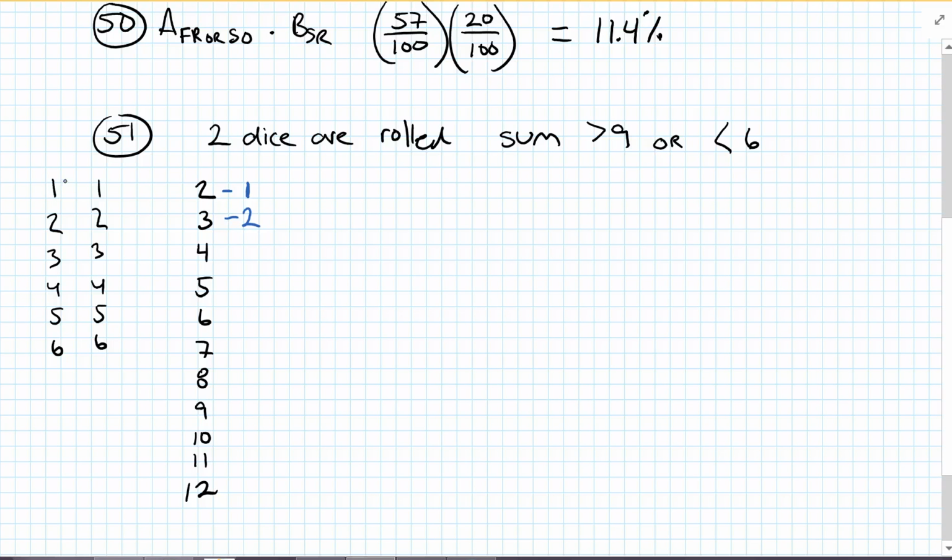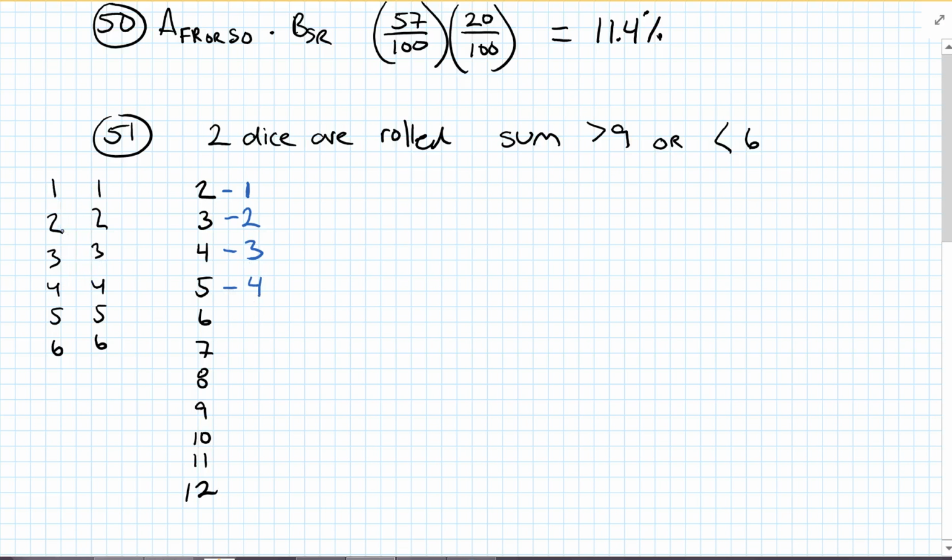I get a 1 and a 3, 2 and a 2, and a 3 and a 1. So there's 3 ways to get a 4. How about 5? A 1 and a 4, a 2 and a 3, a 3 and a 2, and a 4 and a 1. So I got 4 ways to get a 5.